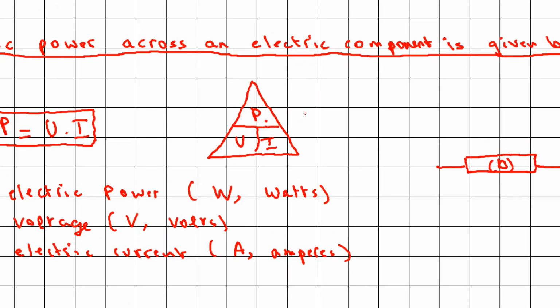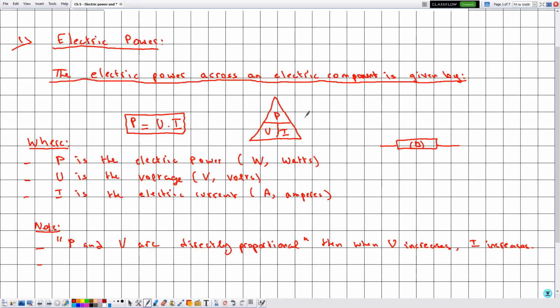And because also P and I live on different floors, P and I are said to be directly proportional.